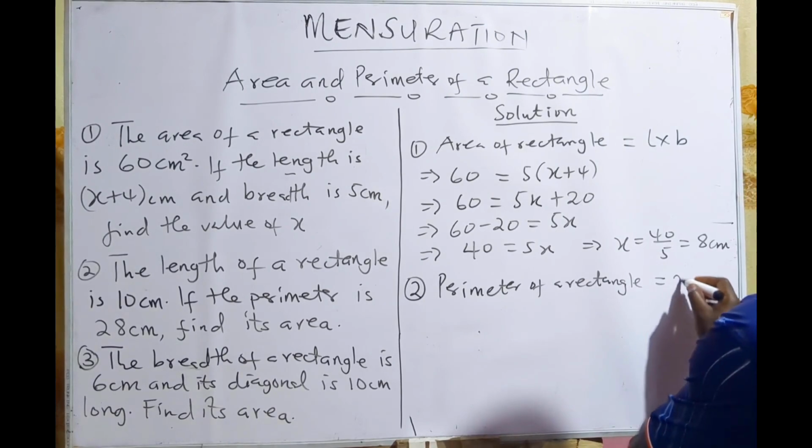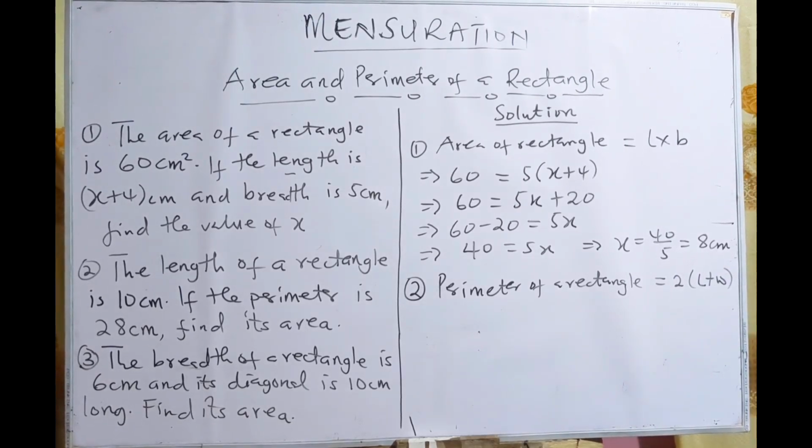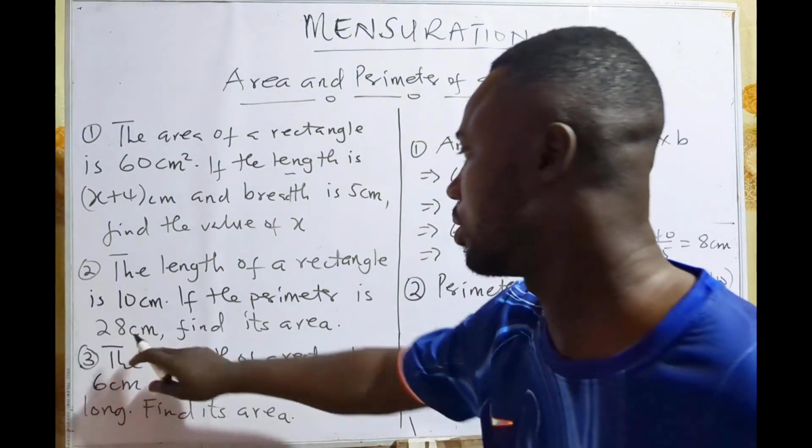It can be given as 2 times the length plus the width, or plus the breadth. So this is the perimeter of a rectangle.